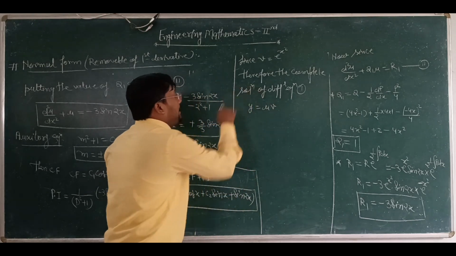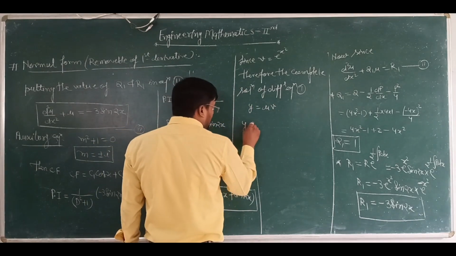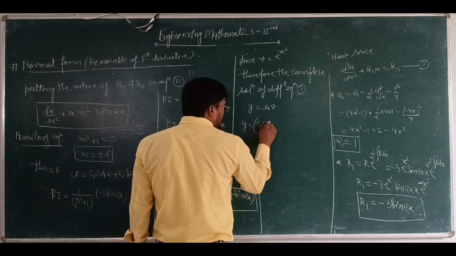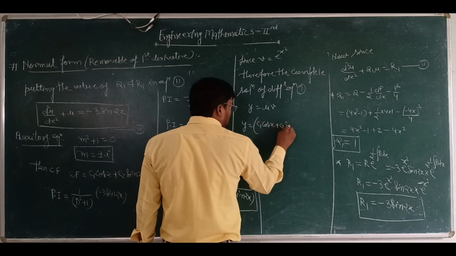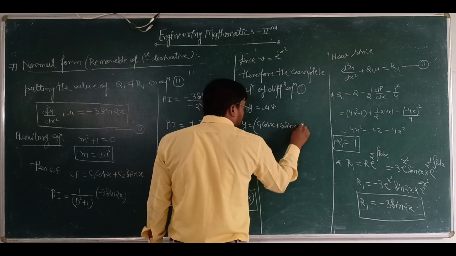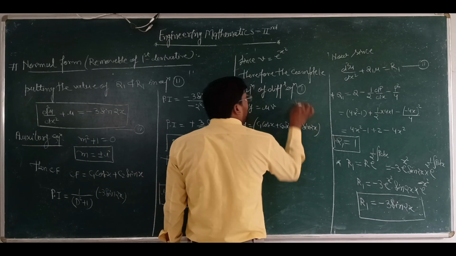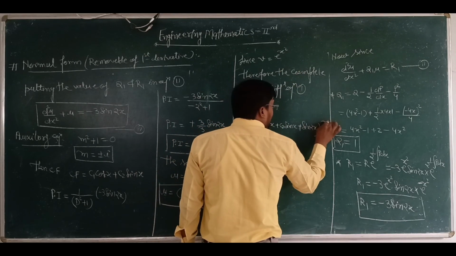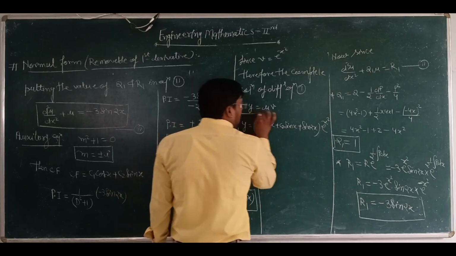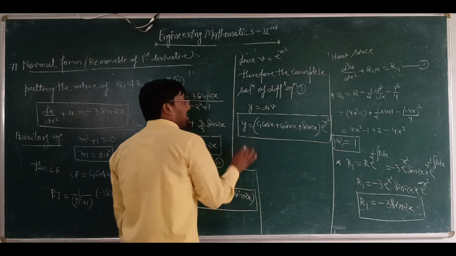Put the value of u and v. You can write y = (C1 cos x + C2 sin x + sin 2x) into the value of v, e^(x²). This is the complete solution of the differential equation.